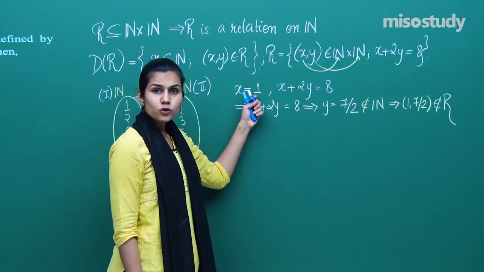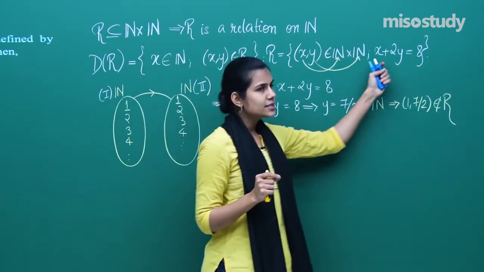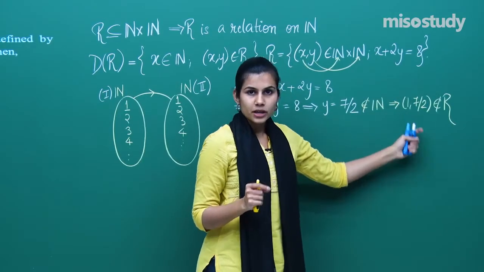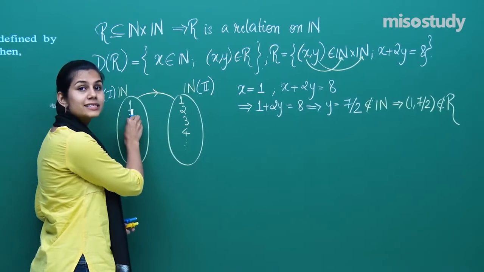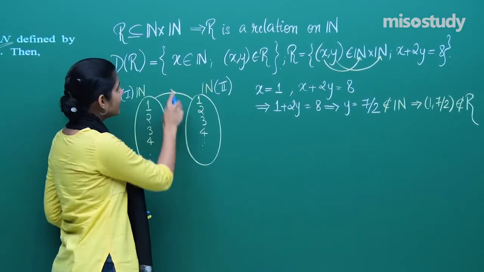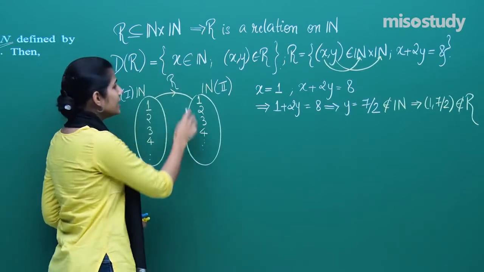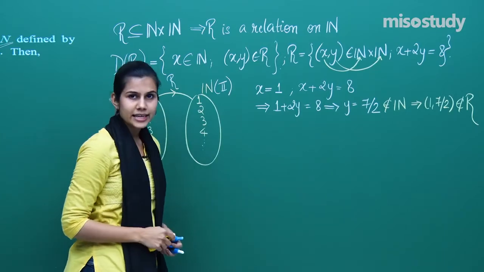Therefore, corresponding to x equals 1, the only y which satisfies the rule is 7 by 2. But 7 by 2 is not a natural number. That means 1 is not related to any of these under the relation R. Let's look if 2 is related to any of the natural numbers in the second set.